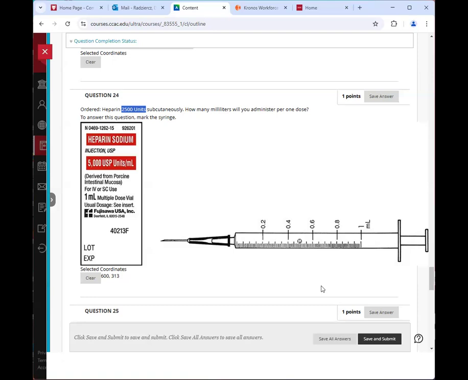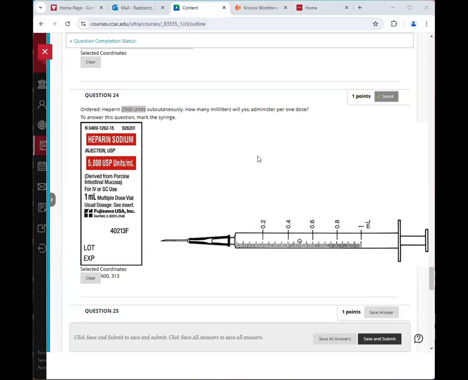So there'll always be a line for you to indicate. And sometimes you do get these smaller data points on the syringe, and they want you to make sure you're able to choose the right one and not just guess at it. We can mark on the line or on the clear space.